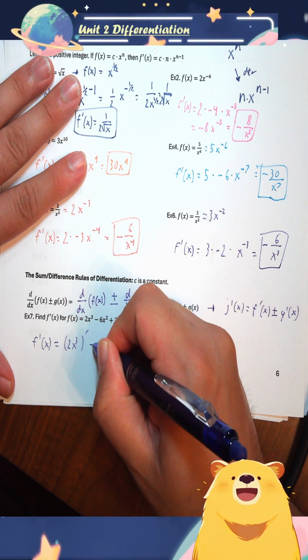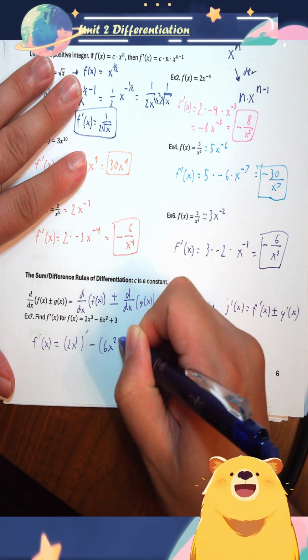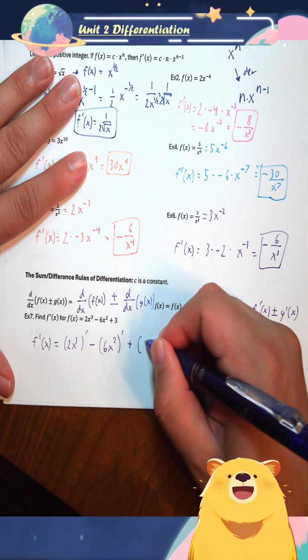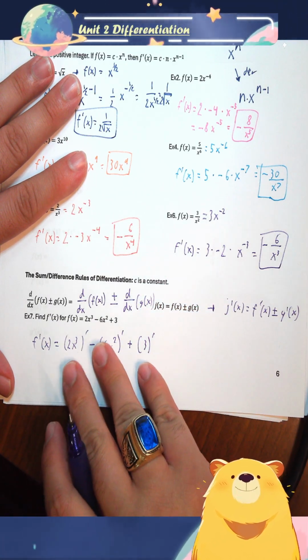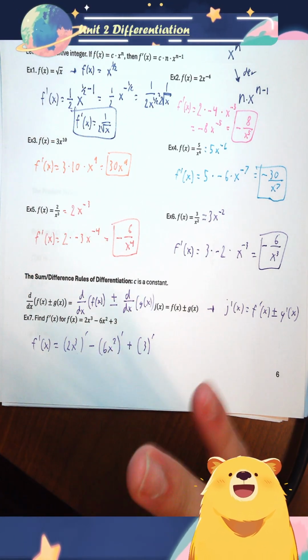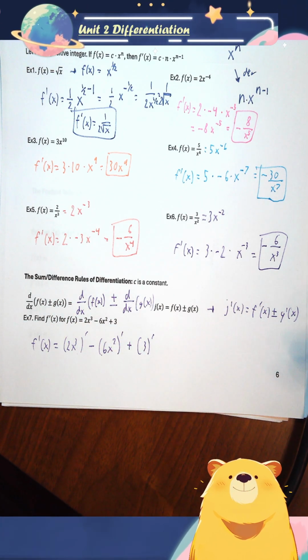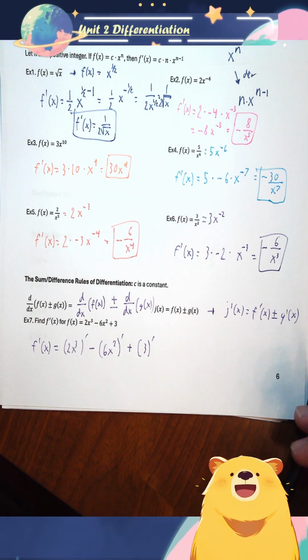Now, please keep in mind that you are only allowed to do this because they are adding and subtracting. We're going to get into it today, where although this pattern of differentiation seems like distribution, it is not always the case. Please keep that in mind.